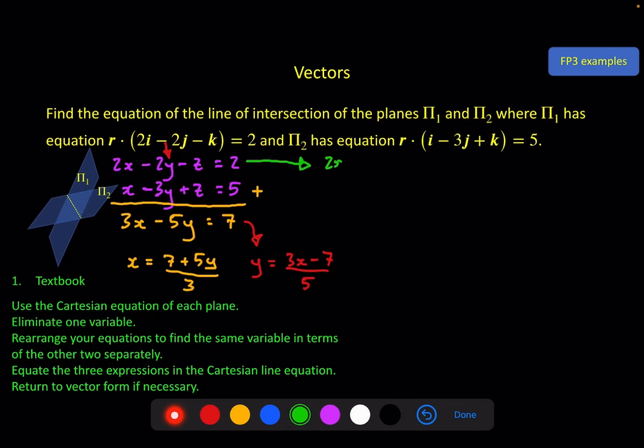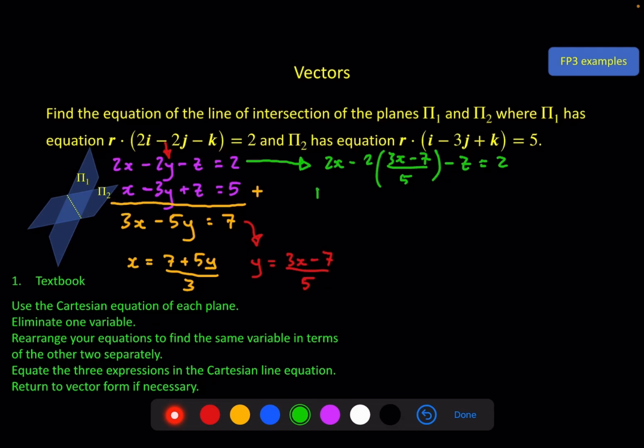So that will give me 2x minus 2 times (3x minus 7) over 5 minus z is equal to 2. To make it a bit easier, I'll just multiply everything by 5.